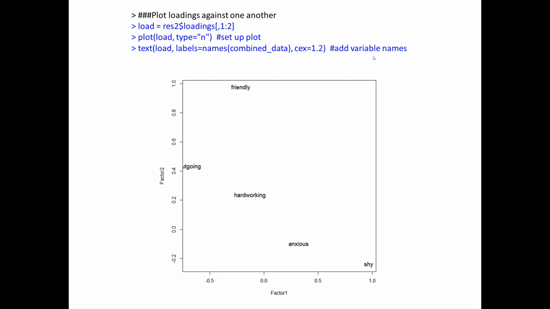In this case, outgoing and shy are at the extremes of factor 1, but again, there's some component of factor 2 in those factors as well as heavily loaded factor 1.